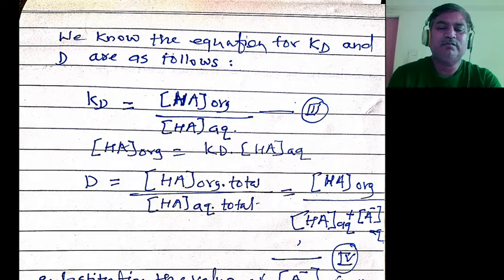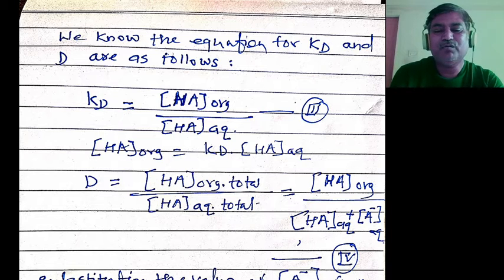Now, the distribution ratio is equal to the concentration of weak acid in organic phase, total concentration. Organic phase does not show dissociation of weak acid, so the terms remain as they are in the second equation. Try to understand.